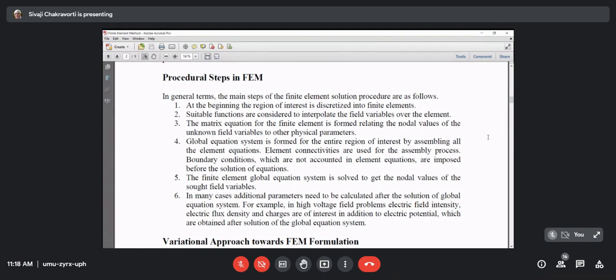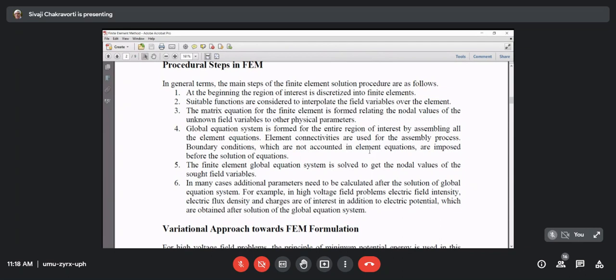That means over the element domain, we assume a relationship of the field variable. The most commonly used relationship is that the primary field variable, that is in our case electric potential, varies linearly over the element domain.